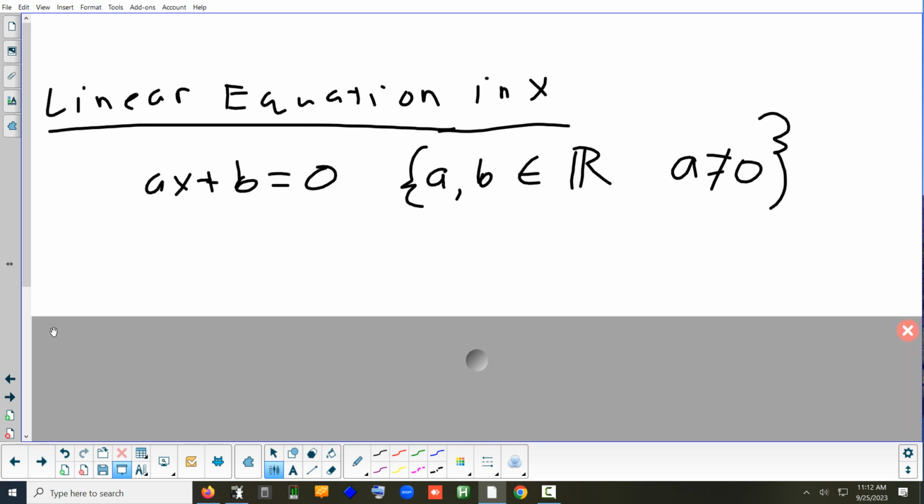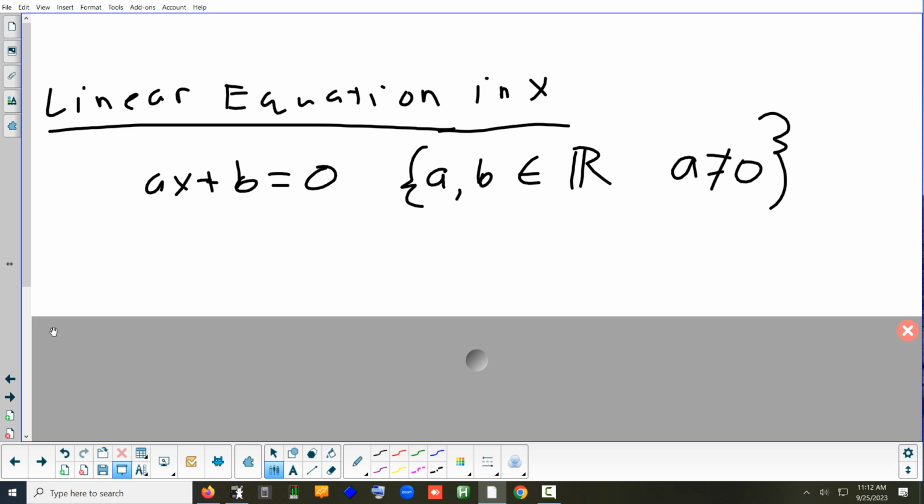All right, so what is a linear equation? Well, the definition of a linear equation is basically anything that can be written in the form ax plus b equals 0, even if it's not in that form, but you could rearrange it so it's in that form. It's like rearranging to y equals mx plus b. So anything that can be rearranged to look like that is linear. Now you tell me, what is that saying there? A and B are all real numbers, where A is not equal to 0.